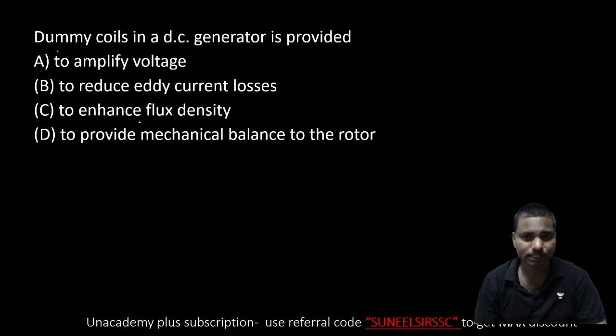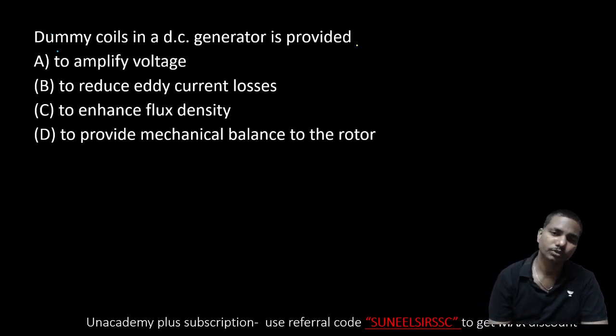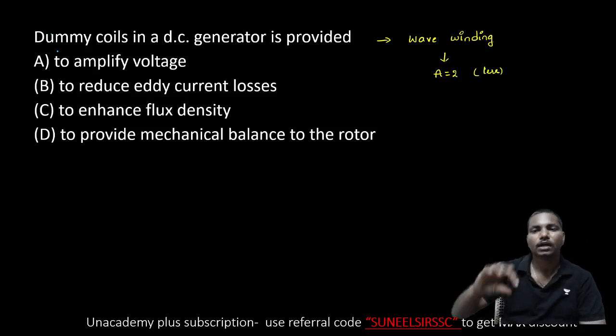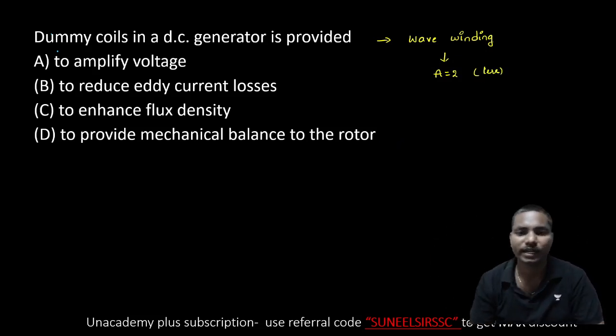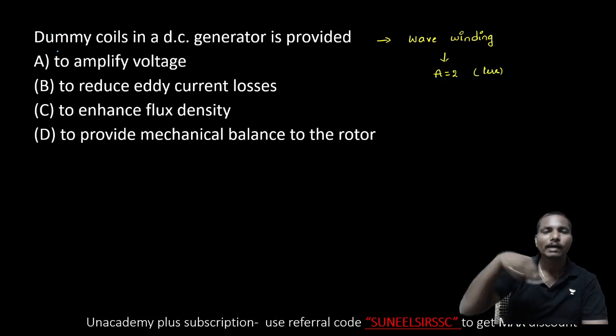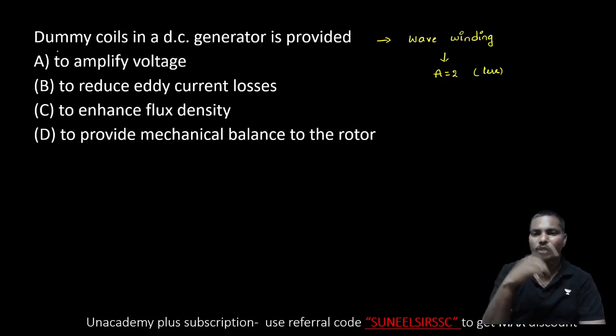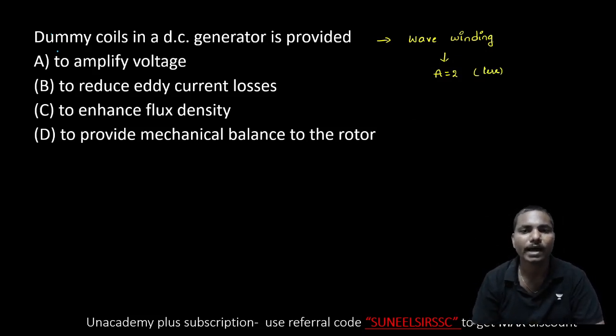Dummy coils in a DC generator are provided. We use dummy coils in case of wave winding. Why? Because in wave winding the number of parallel paths is 2, which is very less. With fewer parallel paths, the conductors may not be divided equally throughout the machine, so when rotating it is mechanically unbalanced.